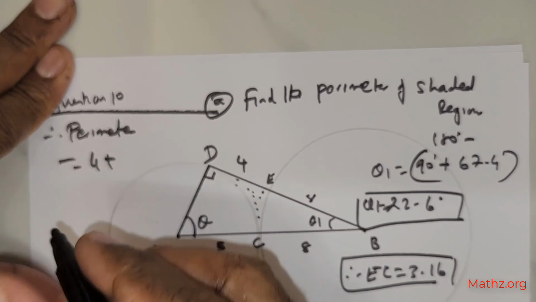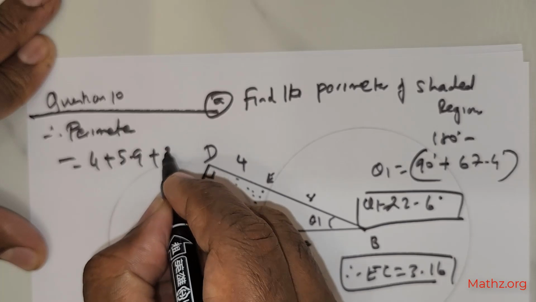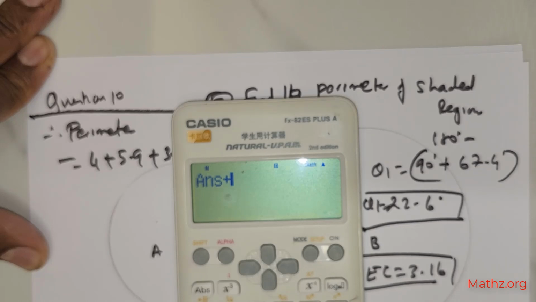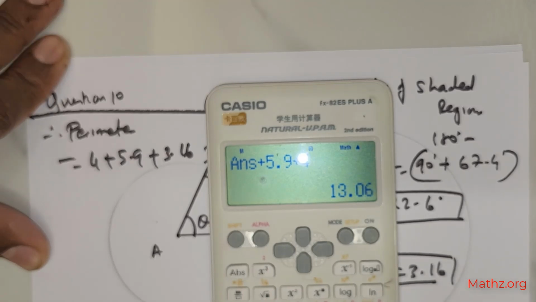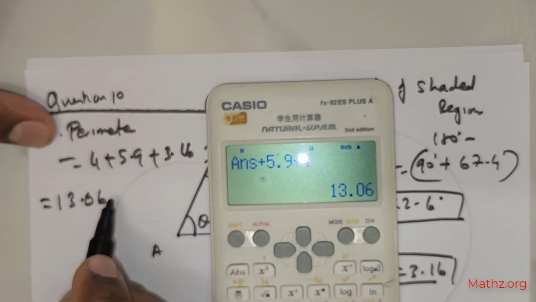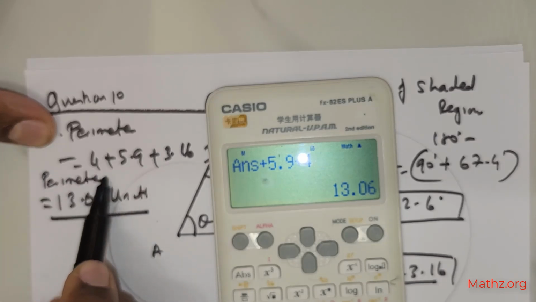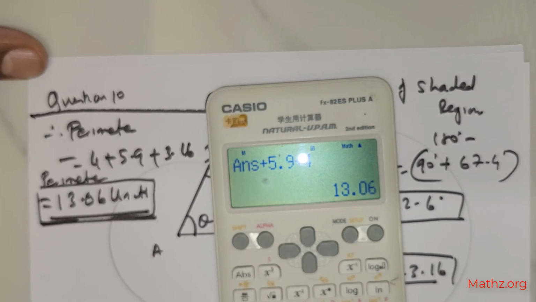Add that 5.9 plus this region 3.16. You can use a calculator. Plus 5.9 plus 4, 13.06 units. You can box it, perimeter of the shaded region. Make sure to box this. So follow the flow that I have demonstrated here for this question.